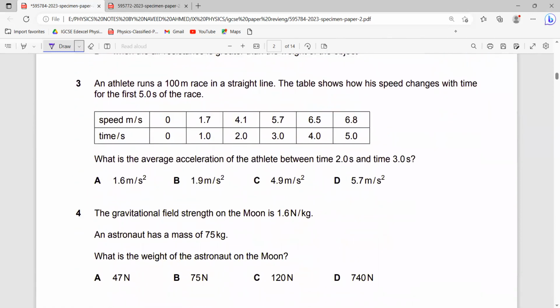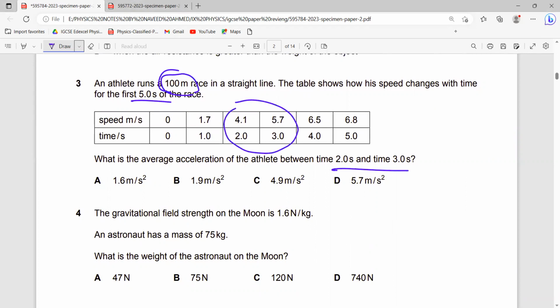Now we see the third question. An athlete runs a 100-meter race in a straight line. The table shows how his speed changes with time for the first 5 seconds of the 100-meter run. What is the average acceleration of the athlete between 2 seconds and 3 seconds?